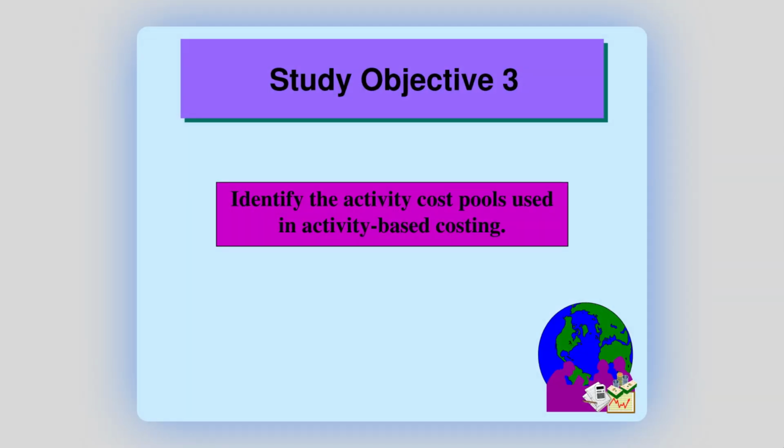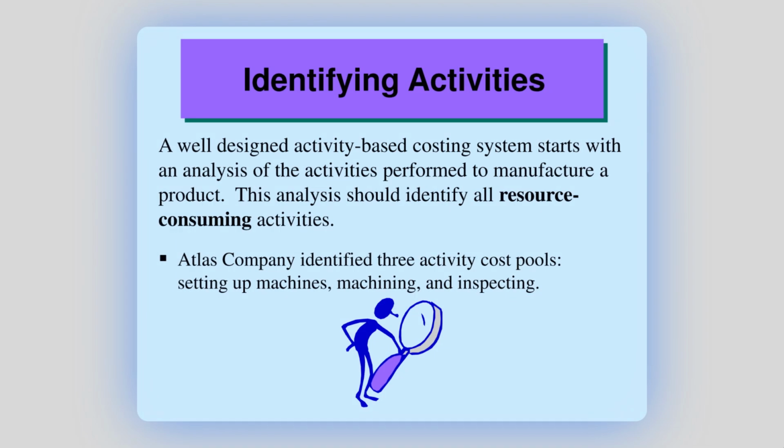Alright, one by one, class. Identify first your activity cost pool. How do we identify our activity cost pool? A well-designed activity-based costing system starts with an analysis of the activities. What are the activities that we will perform in terms of the manufacturing? And this analysis should identify all resource-consuming activities.